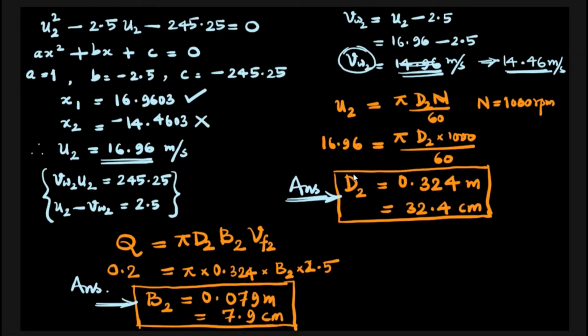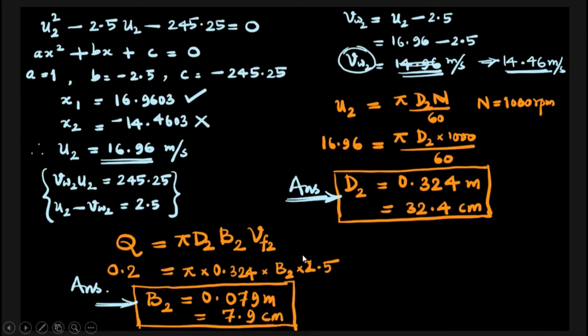D2 you can obtain from this. 16.96 is equal to pi D2 into 1000 by 60. The diameter you can find out as 0.324 meters, so 32.4 centimeters. Discharge is given by pi D2 B2 Vf2 or pi D1 B1 Vf1. Since we are dealing with the outlet conditions, we know the velocity of flow at outlet, the diameter is known, and the discharge is available, 0.2 cubic meter per second.